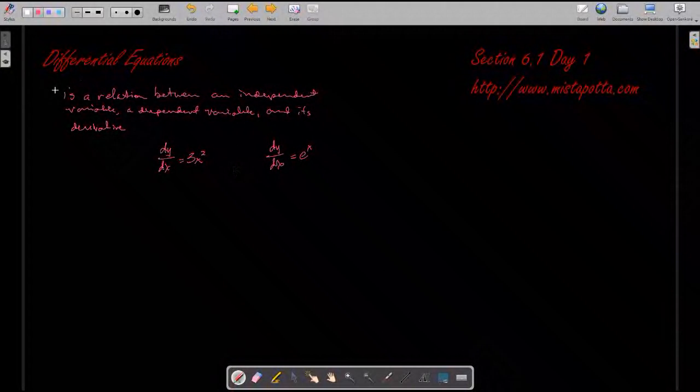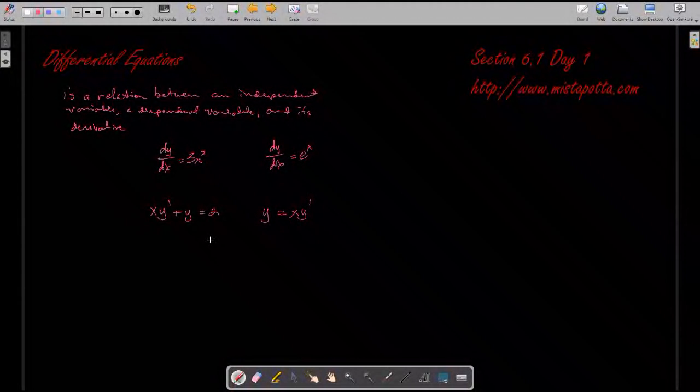But it can be a relation. And so when I talk about a relation, I could have something like xy prime plus y equals 2, or y equals x y prime. These are more involved, more complicated.